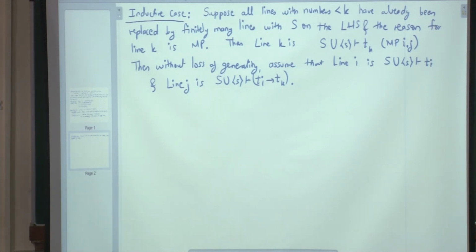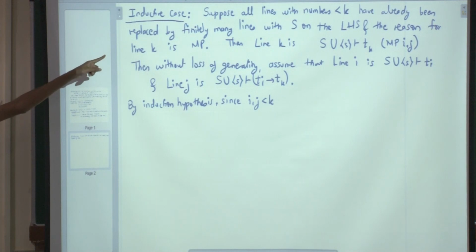So by induction hypothesis, since I and J are less than K, look at the first line that I have written. I said, suppose all lines with numbers less than K. So what kind of induction are we using? Strong induction. This is not weak induction, but anyway, strong and weak induction are equivalent.